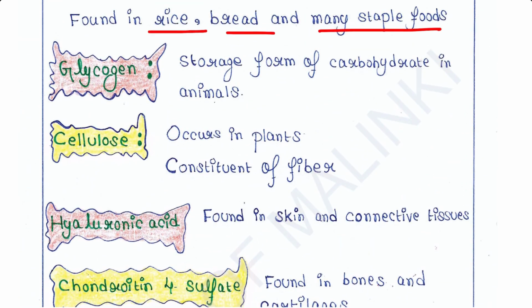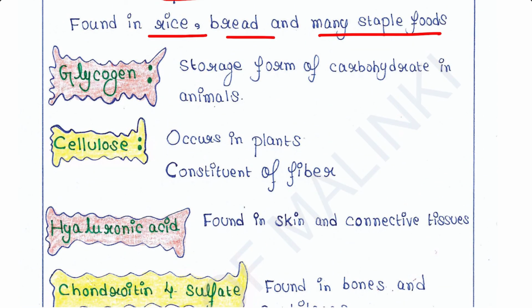Next is glycogen. Glycogen is the storage form of carbohydrate in animals. The structure of glycogen is very similar to that of amylopectin, with more branches.